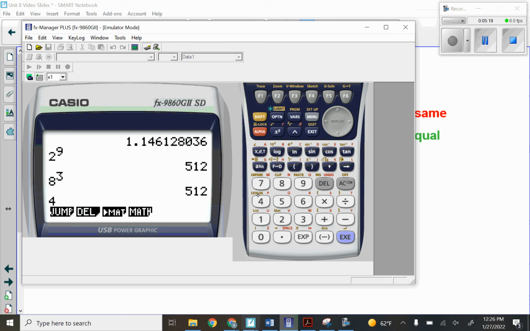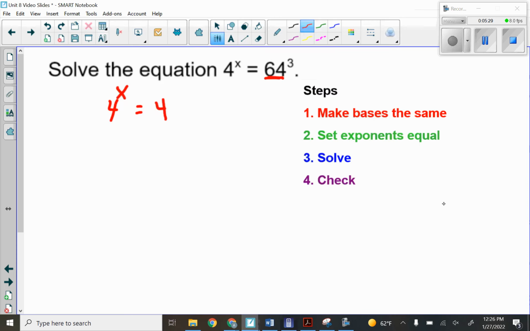Let's say 4 squared, 16, so not what we want. 4 cubed, 64, so that's what we need to raise 4 to. But don't forget you had that exponent of 3 already there.